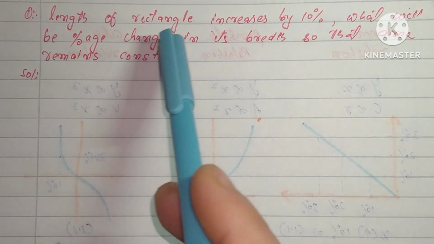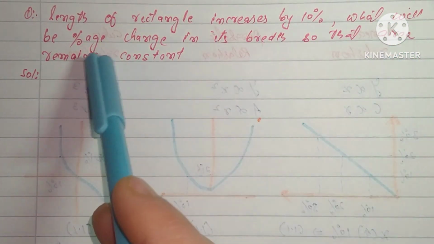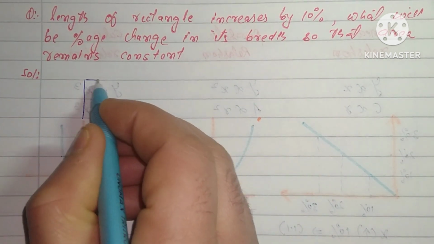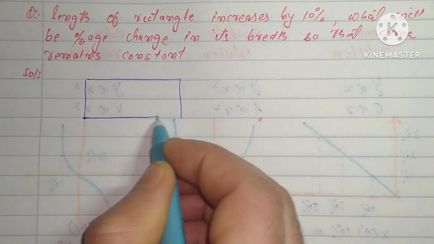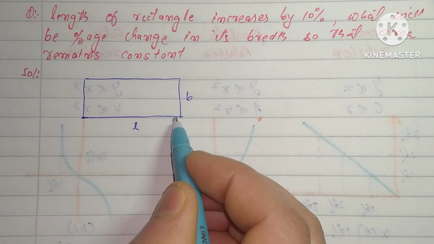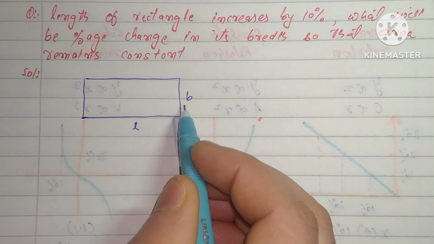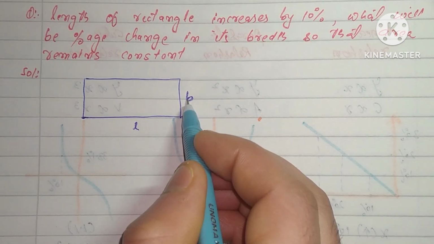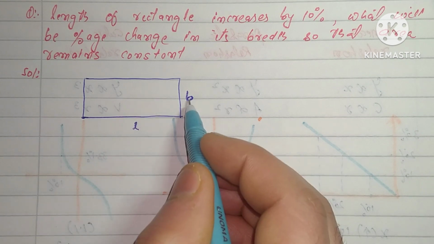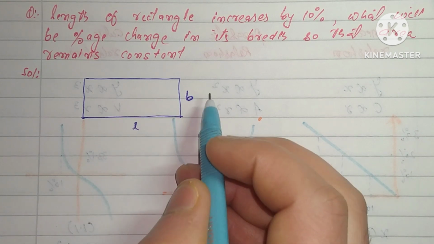What will be the percentage change in its radius so that the area remains constant. Here it is a rectangle, it is length and it is breadth. If length of rectangle increases by 10%, what is the percentage change in the breadth so that area remains constant? If area remains constant, so breadth will decrease by some percentage.